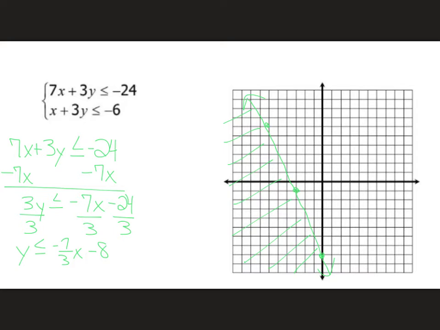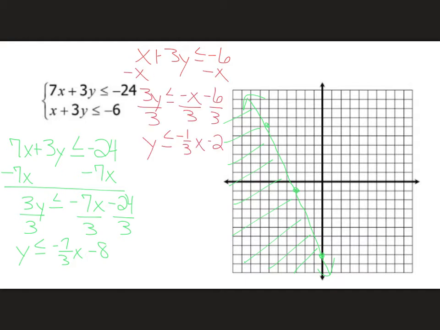Okay, next I want you to take the next line, x plus 3y is less than or equal to negative 6, and I want you to pause the video and convert that to slope-intercept form. I got y is less than or equal to negative 1/3 x minus 2.